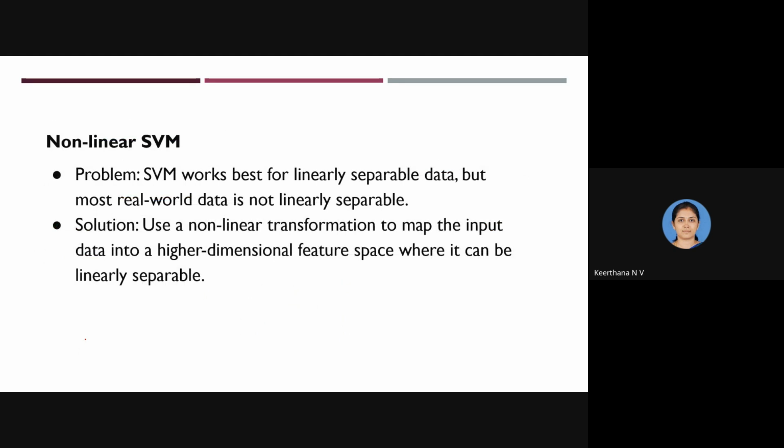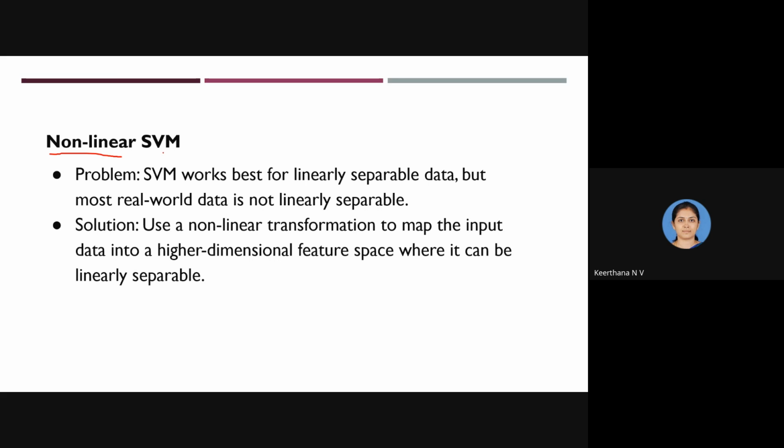So the next thing is non-linear SVM. It purely deals with data that is not linearly separable. When you are considering data that is not linearly separable, even if the SVM contains a soft margin, you can go for a non-linear SVM in addition with the kernel trick.